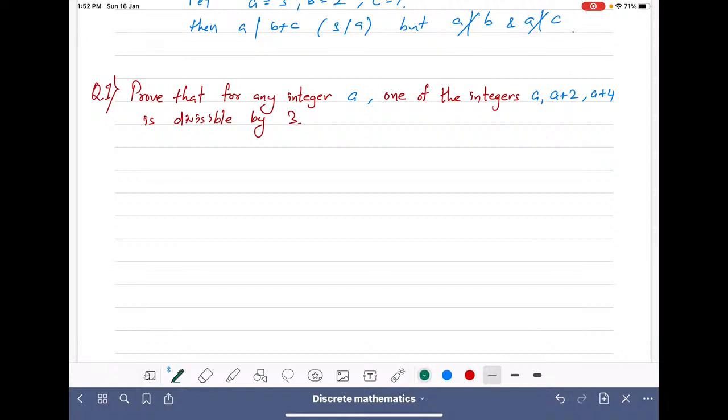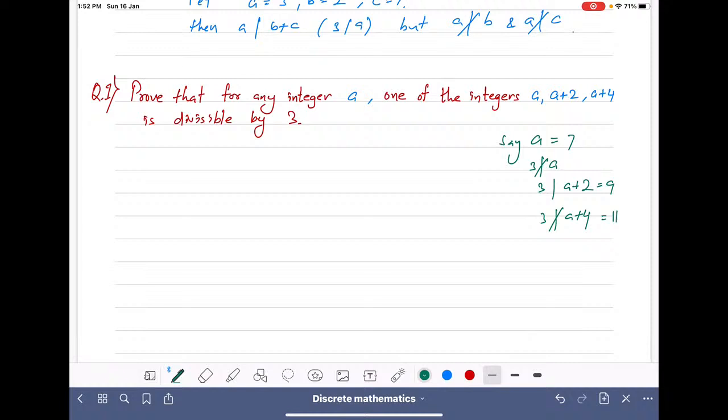It says, given any integer A, out of these three numbers, one will be divisible by 3. For example, we could take any integer, say a equal to 7. Then a is not divisible by 3, but 3 divides a plus 2, which is 9, and 3 does not divide a plus 4, which is 11.